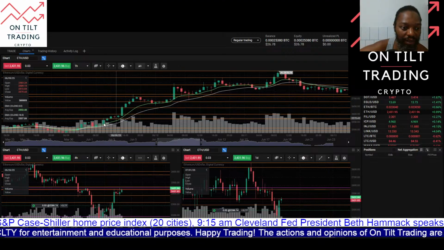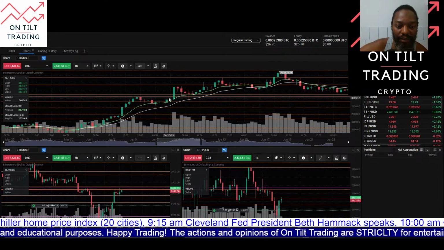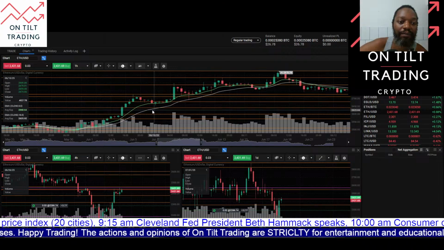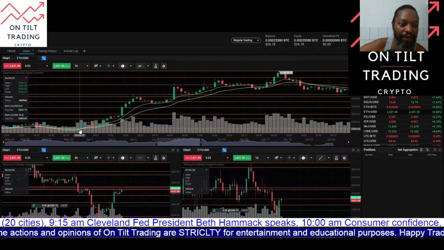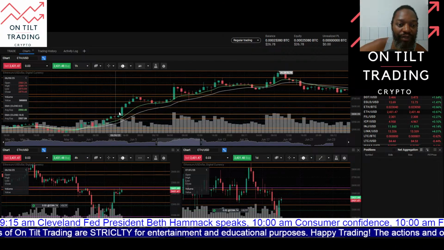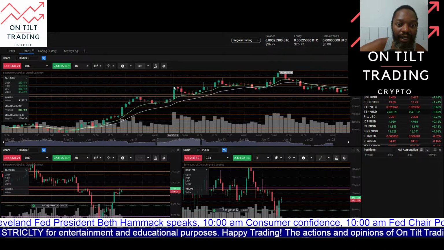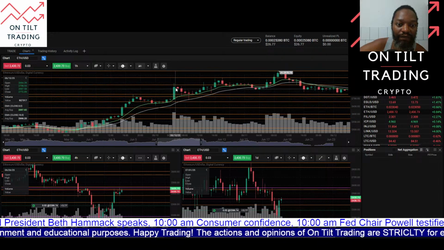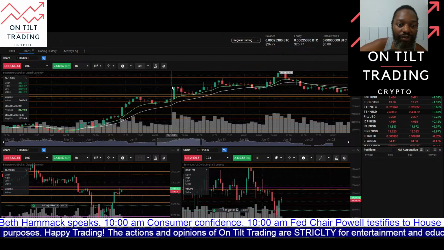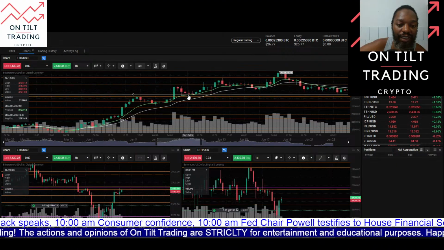There's a pullback here. I'm not going to set the fib up because I need to go back, but I just want to look at this stair-stepping example. So this gives a moving average crossover entry. This gives a Fibonacci entry on a break of structure here.